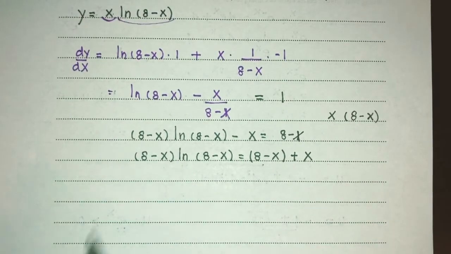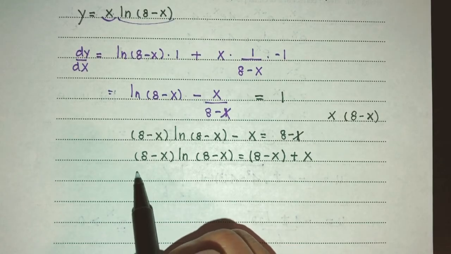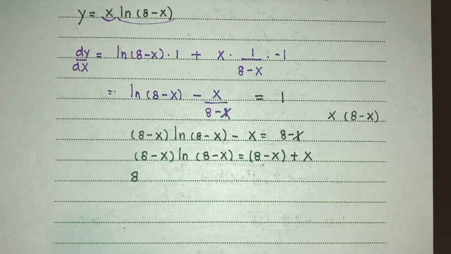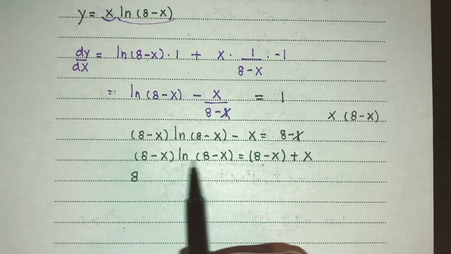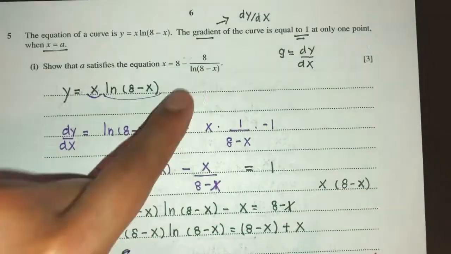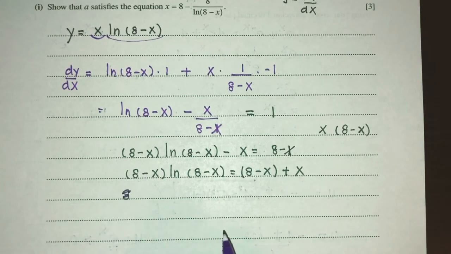So now if I expand this, what happens? Let me see. Oh, there's no need to expand this, because if I expand this, I actually need this function because we want to make it look exactly like this, right?